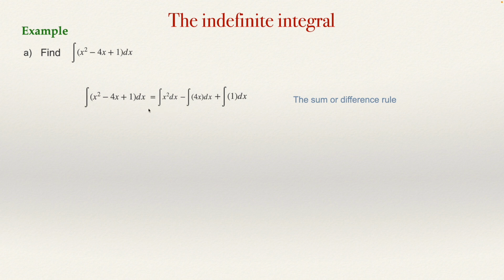So for solving this problem, I know that I need to get the integral of x squared dx, but the 4 can be written outside of the integral. So I can write minus 4 the integral of x dx. So it will be the constant multiplied by the integral of the function.